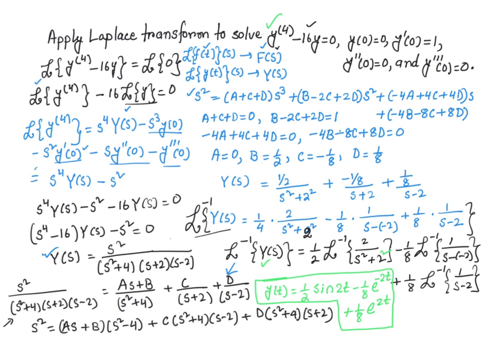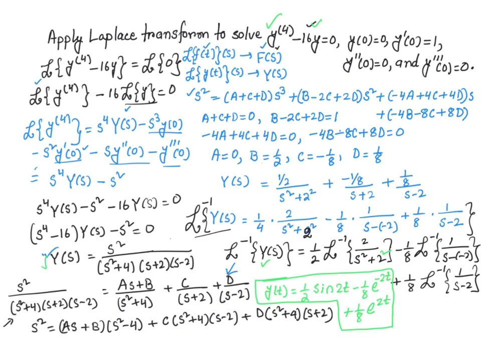This looks like a lot of calculation, but it's rather quite simple. You just take the given differential equation, apply Laplace transform to both sides, then find the Laplace transform of the derivatives and everything else, and come up with the expression for y of s, which is right here. Then do partial fractions and solve for the coefficients.